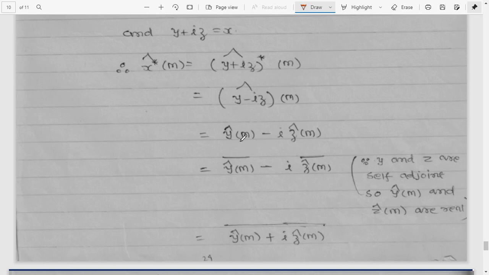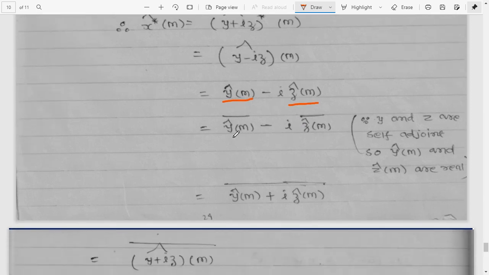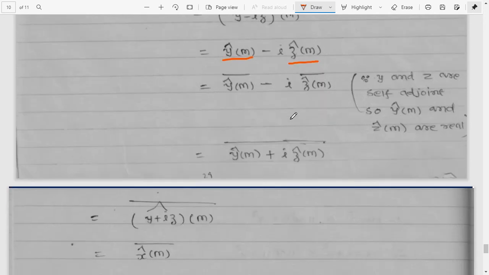Here y cap of m and z cap of m are both real, because y and z are self-adjoint. So y cap of m conjugate is equal to y cap of m, so we can write y cap of m is equal to y cap of m conjugate minus i into z cap of m conjugate.